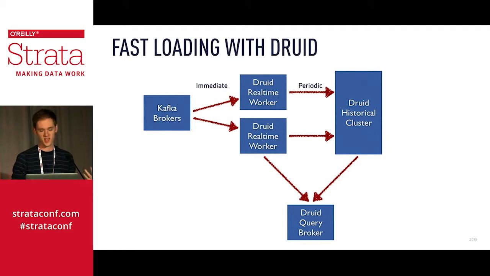It's immutable, but that's okay. We hand it off to the Druid historical cluster, which at day one of Druid was all we had. And it's that thing that's really great at handling large amounts of immutable data. And all the while, the query broker is farming out queries for the past hour or two of data to the real-time workers and all other time ranges to the historical cluster.